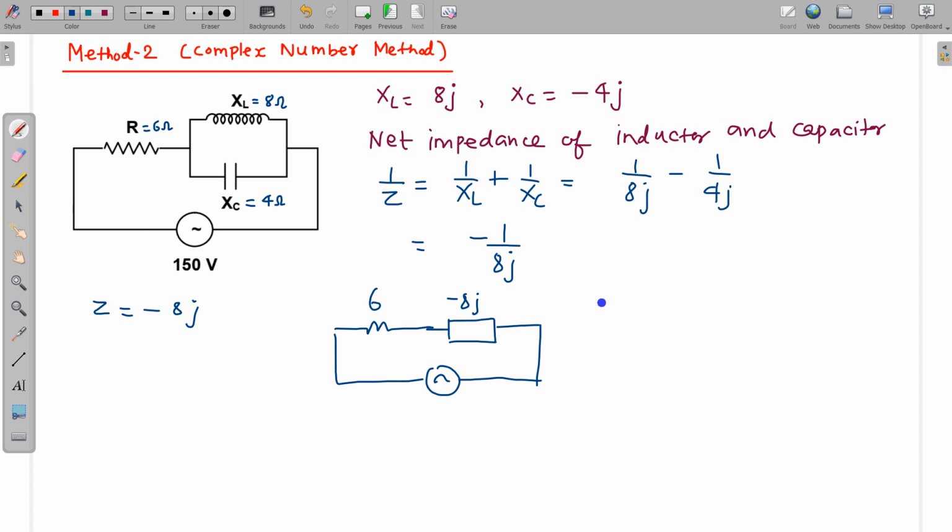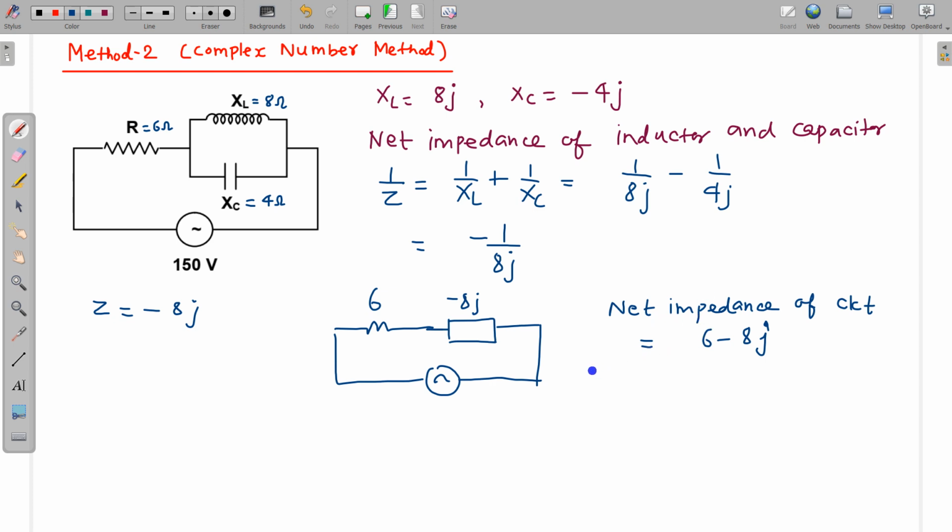Let us first find the net impedance. The net impedance of this circuit will be the resultant of these two, and these two are in series, so we can just add these two: 6 minus 8 iota.